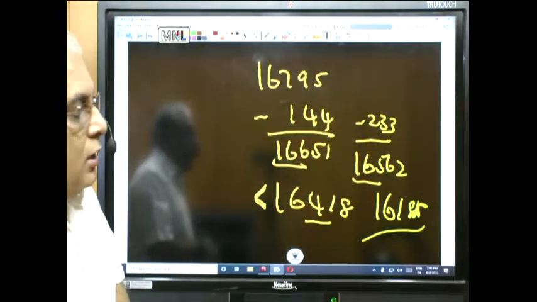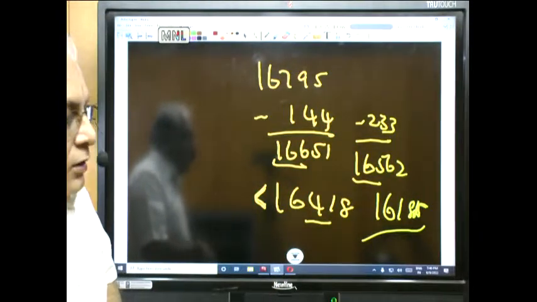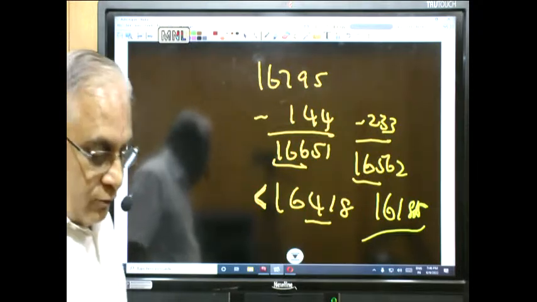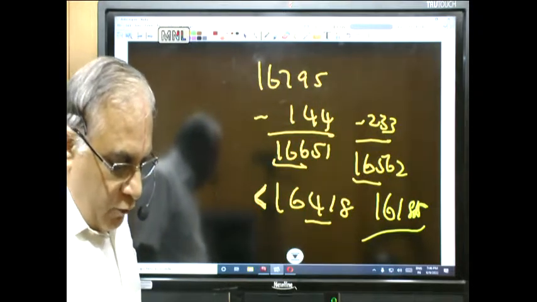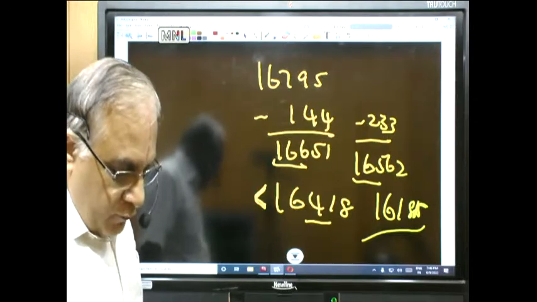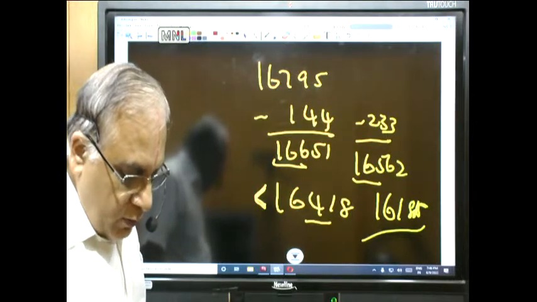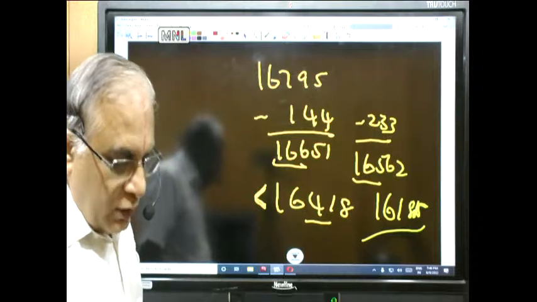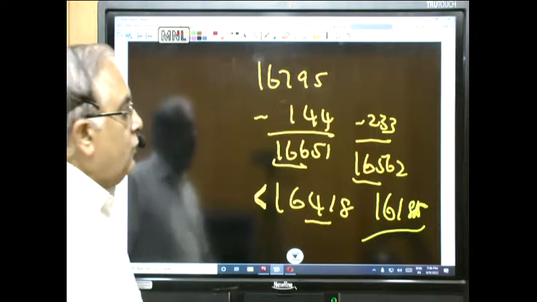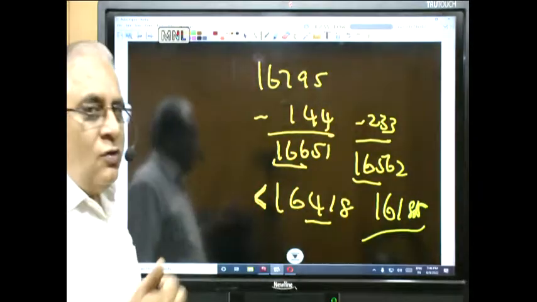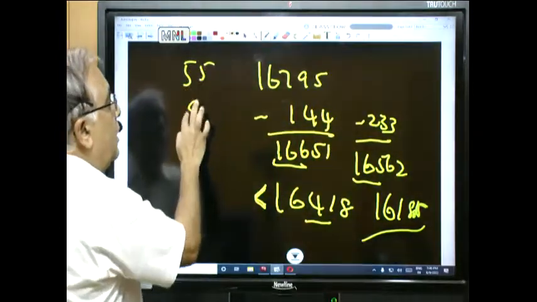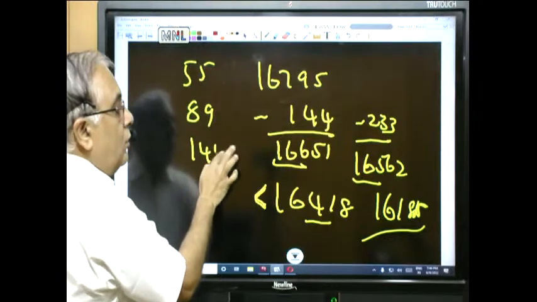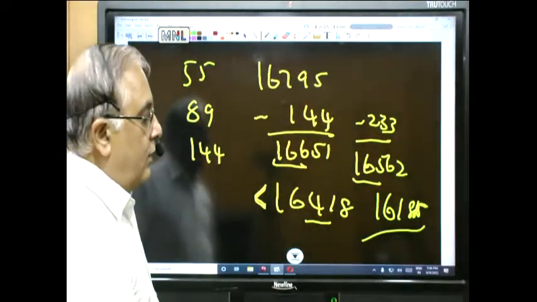The gap is substantial. 16,418 minus 16,185 is something like 233 points. So from this level, you can use slightly smaller numbers: 55, 89, 144 and so on between these levels.